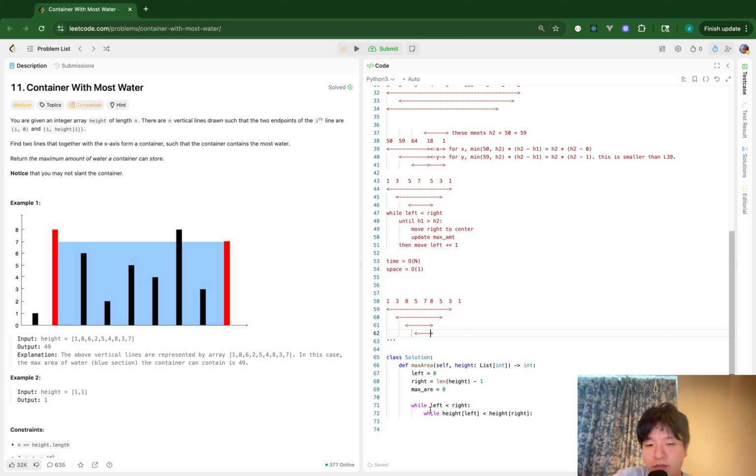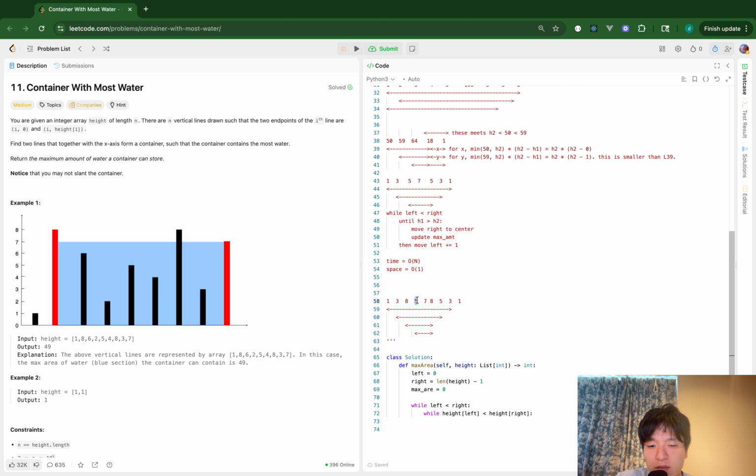So in that case, the right pointer doesn't move, but I just move the left pointer. And for this one, I can say there is no benefit to choose 5 as the left pointer over 8, because definitely 8 should be more powerful as a left pointer, because the width would be longer compared with 5, and also height is higher.